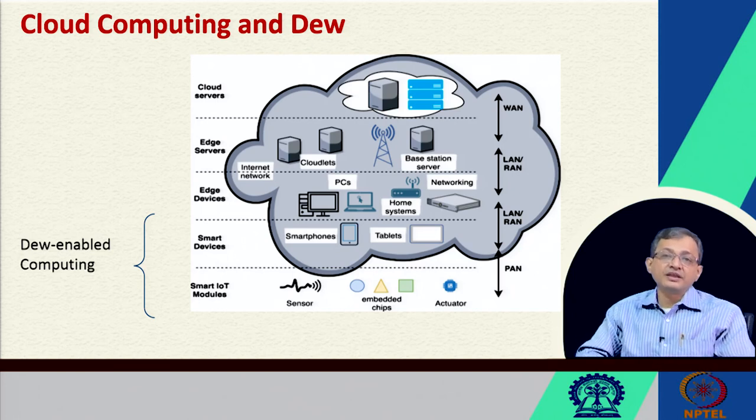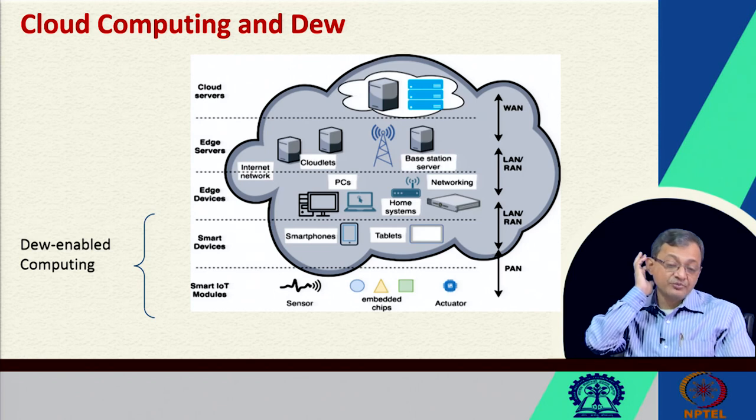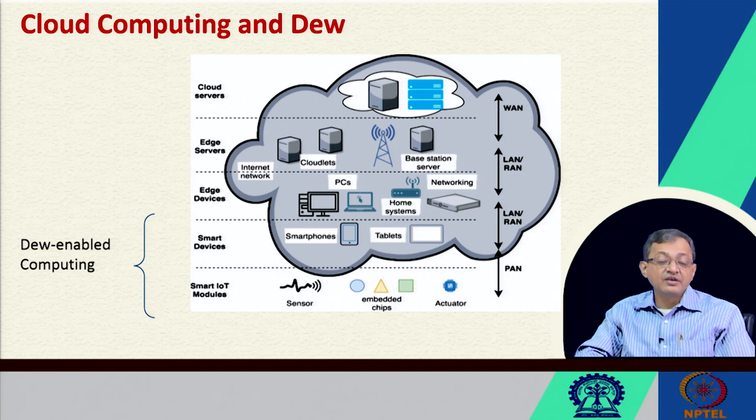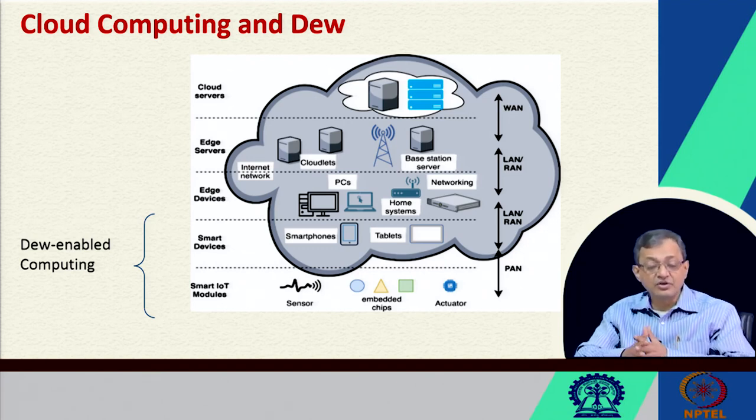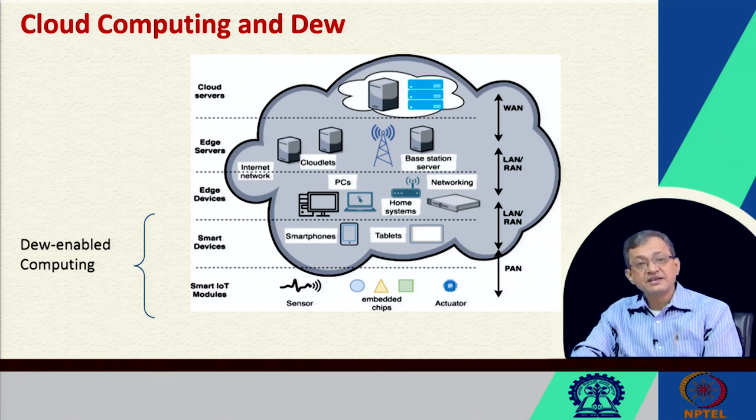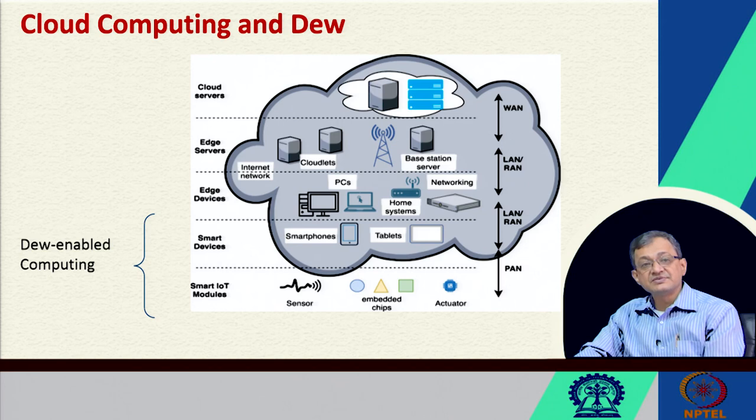Now, if we again come back to the big picture where Dew enabled computing may be helpful. If you look at the whole stack, at the top we have the cloud server, then we have fog servers, or here we refer to them as edge servers. Then fog devices, edge devices, smart devices and smart IoT modules, right.